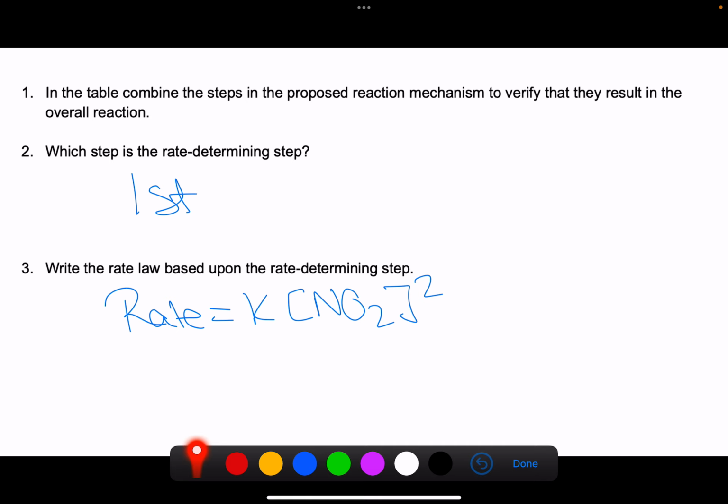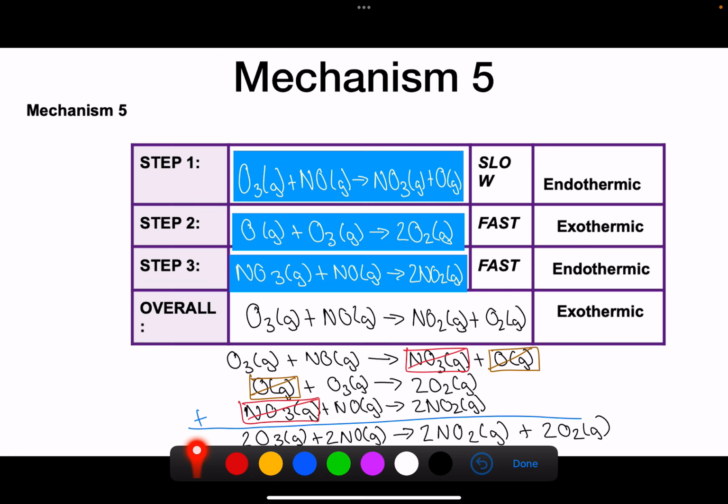All right, mechanism 5. You got 3 steps involved. So let's go. You can see my work down here. Now, when you get down to the end here, you're going to have 2, 2, 2, 2. Well, when I write my overall, I'm actually going to reduce that. I'm going to simplify it. So it's O3, NO, NO2, and O2.